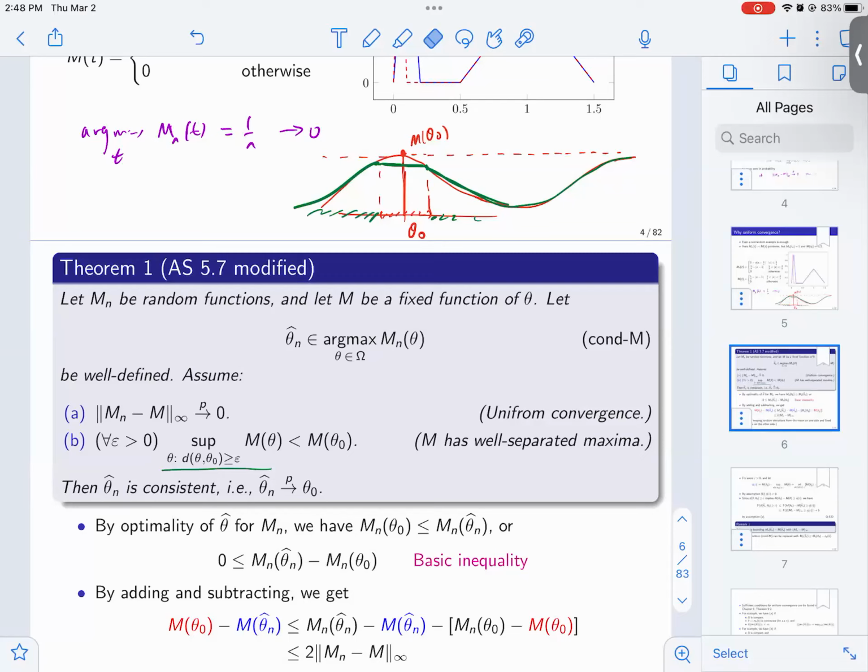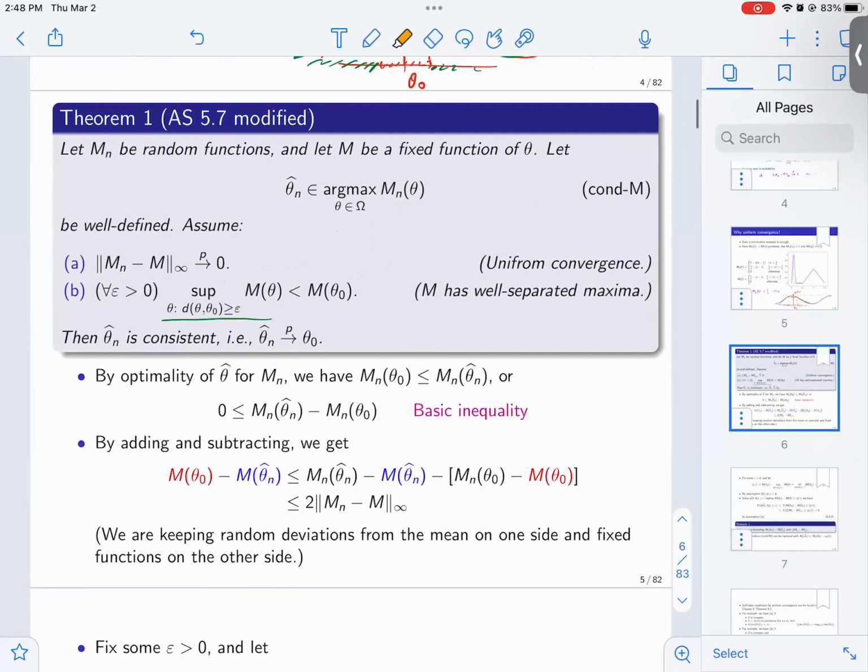So the proof starts with a basic inequality, which says that if I look at the value of these random functions at the true parameter theta naught, and at the maximizer, this basic inequality holds. So why does this inequality hold?